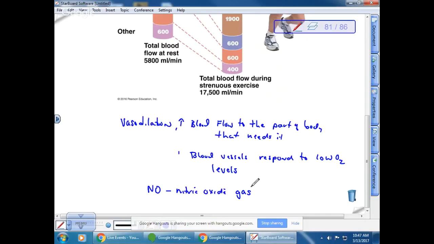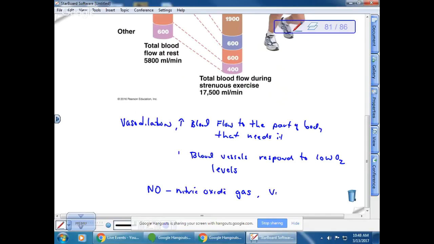So the tissue produces the nitric oxide gas, and then it causes the blood vessels to dilate, and so it shunts blood to them. Does anybody know what drug is used to help shunt blood to the erectile tissue in a male's penis to cause erection? What is the drug that you take? Viagra, right?